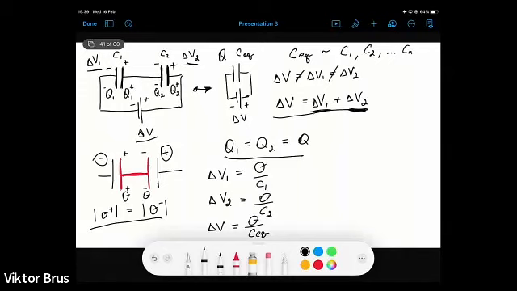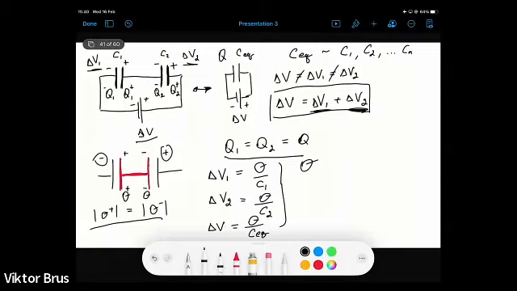Now we come back to our previously written equation, which relates the potential difference at the terminals of the battery and the potential differences over each capacitor. Substitute these equations there and get the following.